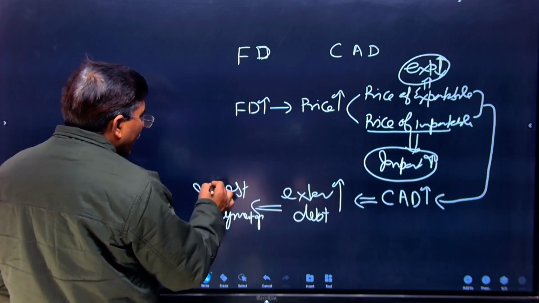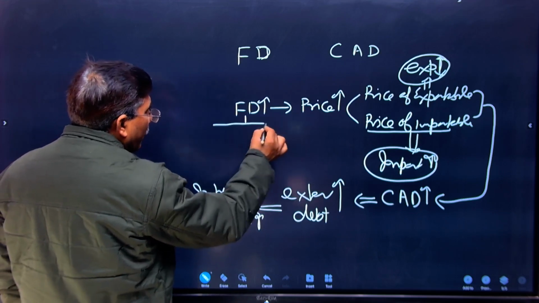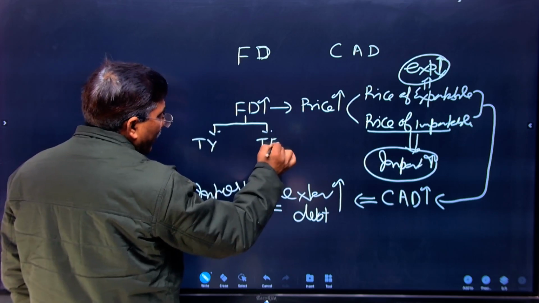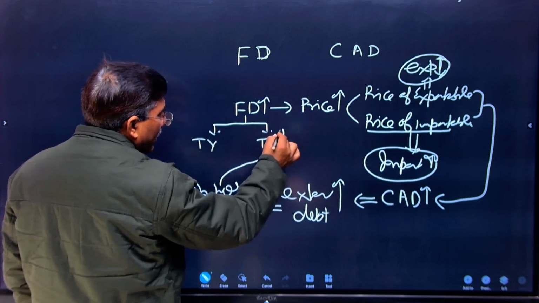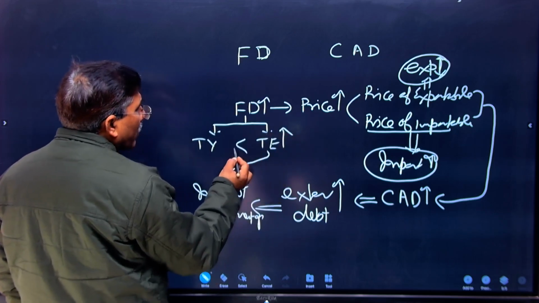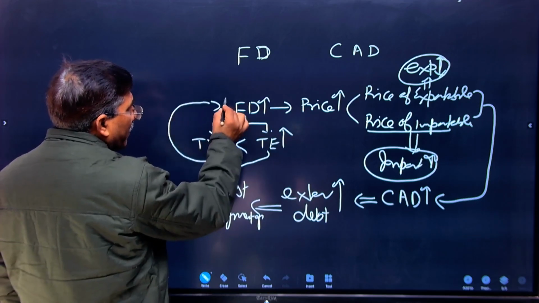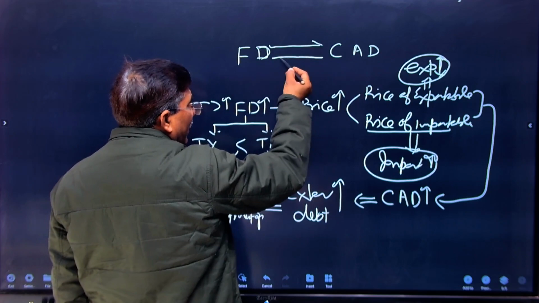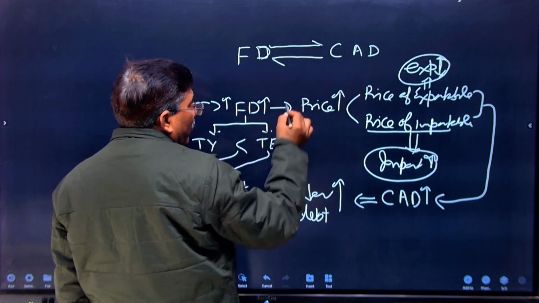As you know, fiscal deficit is total expenditure minus total income. Increasing total expenditure more than total income again increases the fiscal deficit.